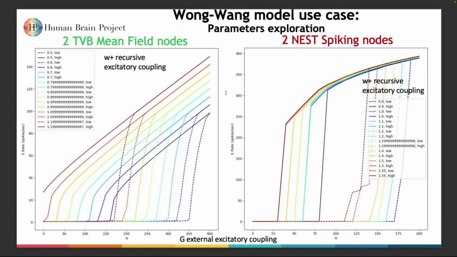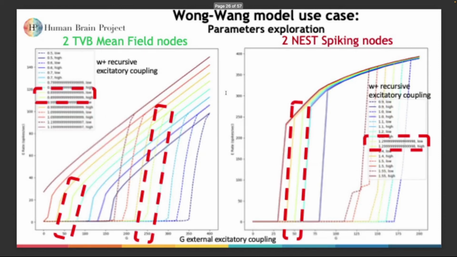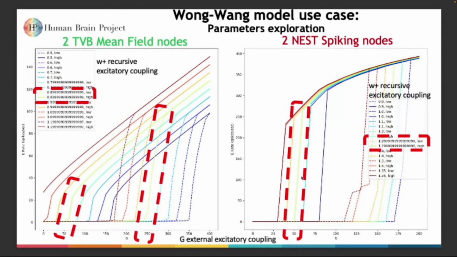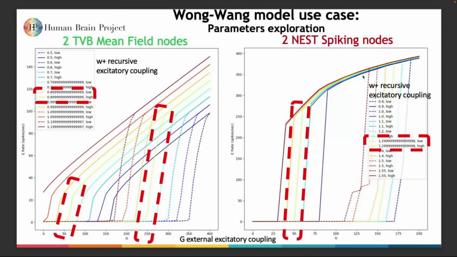Is there a way to correct for this? Well, what I did in this case was to select, first of all, a pair of values where the bifurcation point is similar. So one, for instance, where W plus is 1.3 for the spiking network and 0.9 for the mean field nodes.